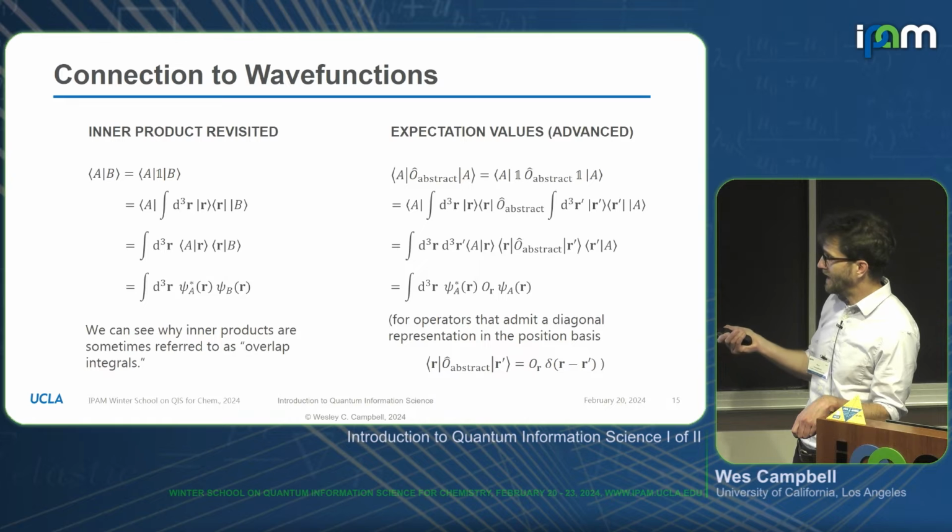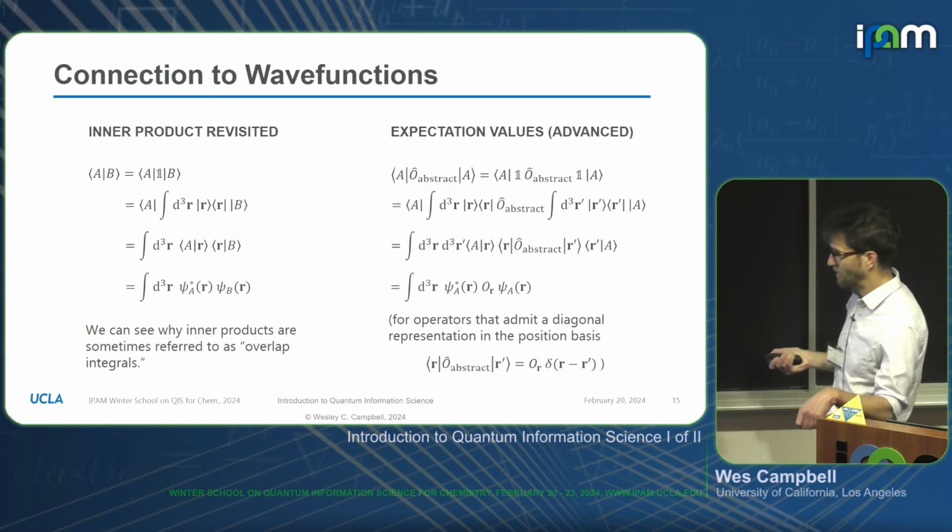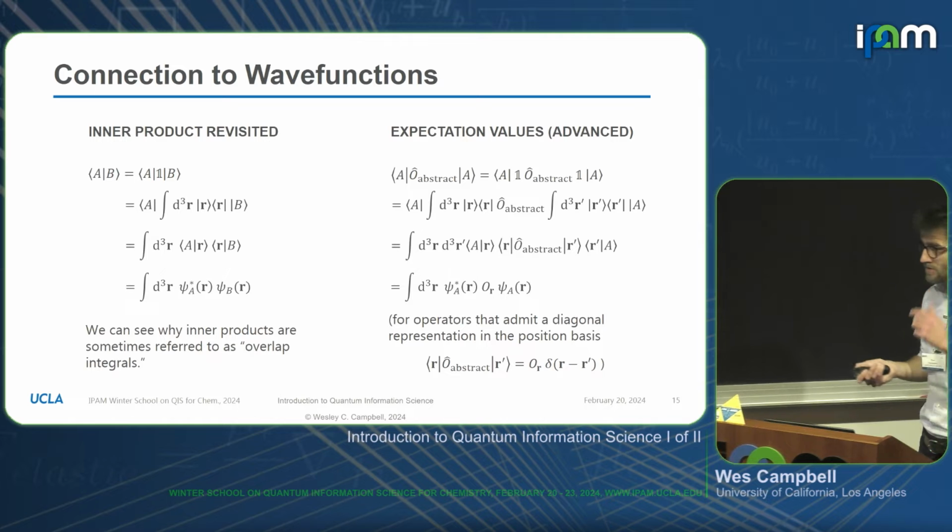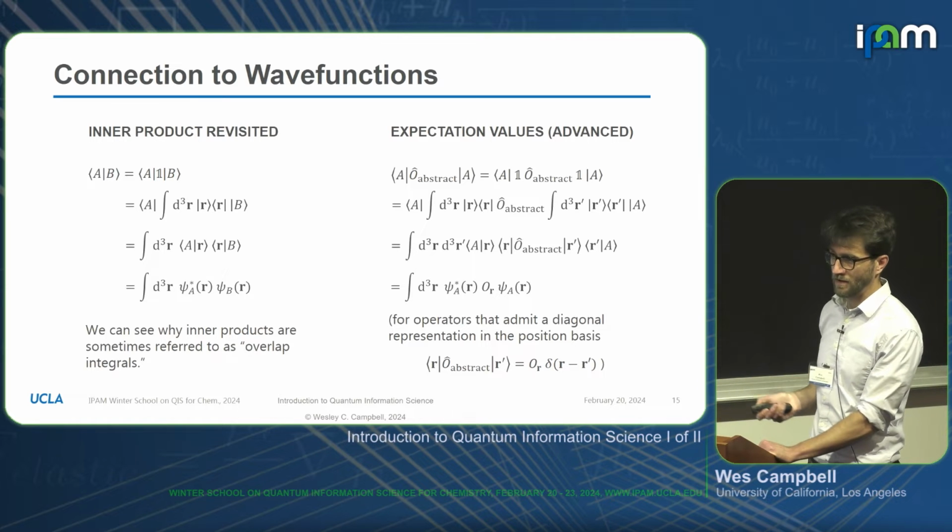What you end up getting is that if you can come up with a representation of that operator in the position basis, you sandwich it in between psi A star and psi A in this integral in order to take that expectation value. If you've seen this before, which you probably have, the connection back here is a little bit tortuous, but you can get there using the same logic as what we had on the left side of the screen.